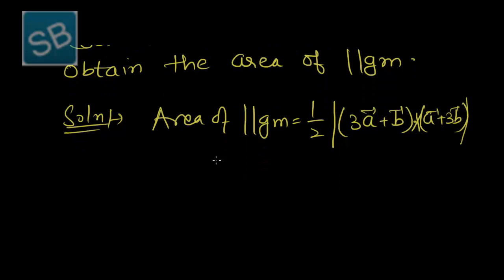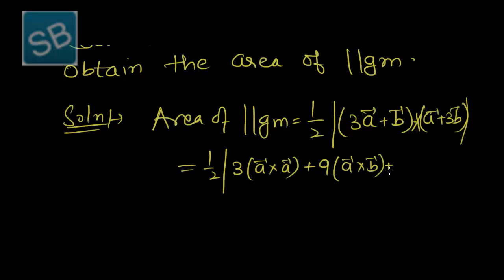So we get half, it becomes 3 times A cross A plus 3 into 3, 9 times A cross B plus B cross A plus 3 is common out, B cross B.